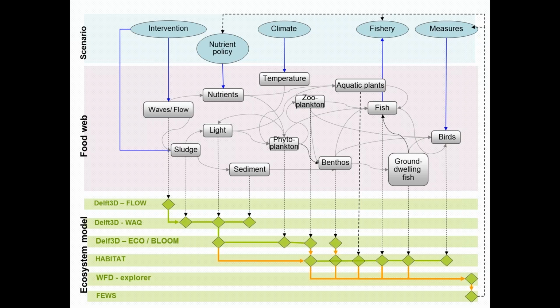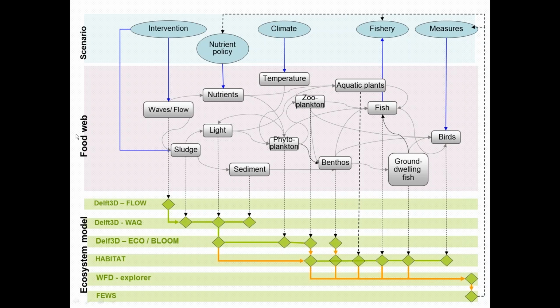So how do we deal with this in our Delft3D modeling system? To do this, we employ a methodology which is called the effect chain method, and it's shown in this scheme.